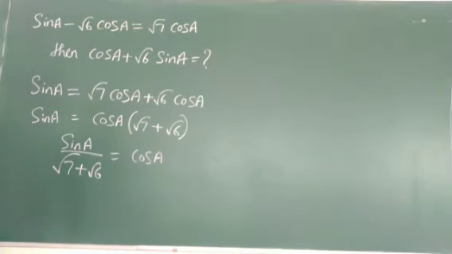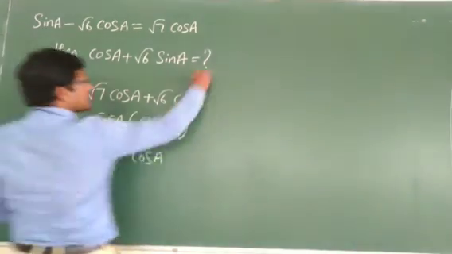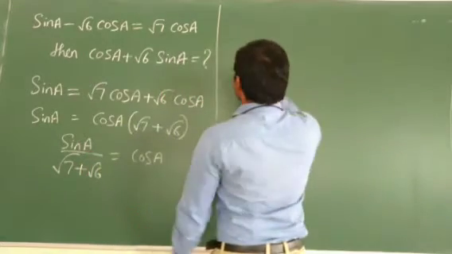Now from here, in the denominator we have irrational factors, so we take rationalization.